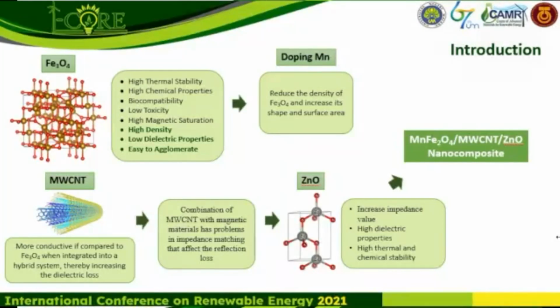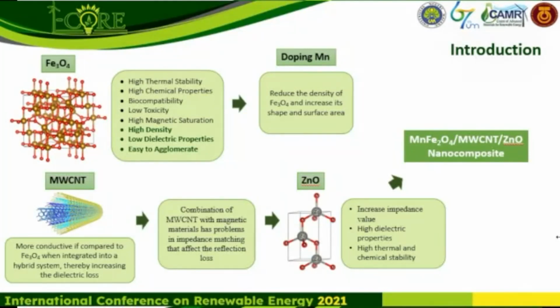Unfortunately, magnetite has some limitations in several aspects like high density, low dielectric properties, and easy agglomeration. On the other side, previous work reported that doping with manganese can reduce the density of magnetite and increase its shape and surface area. However, another innovation is also necessary to enhance its electric properties.